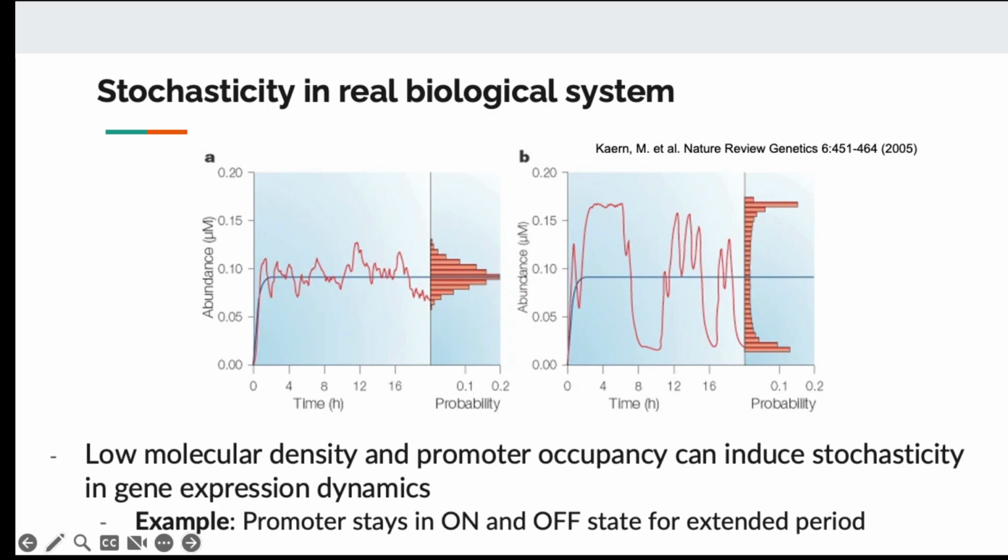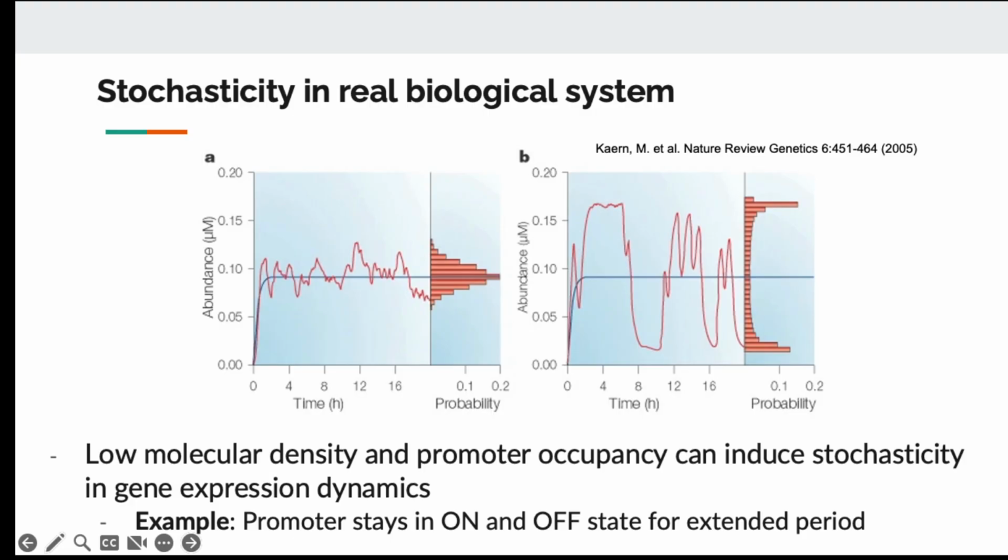There's going to be some variability, some stochasticity in the real system. But if you design the promoter and the protein poorly, so that these two sometimes bind and sometimes don't, you can have an extended period where the promoter is on and you have a lot of production, and a long period where the promoter is off and you have a low expression level.